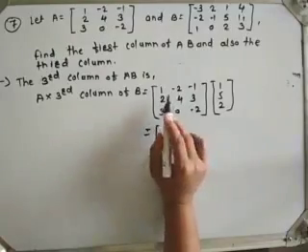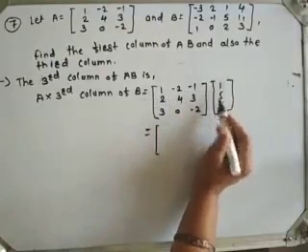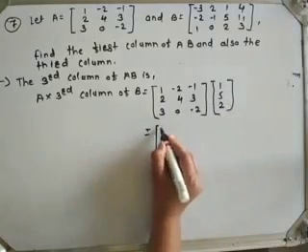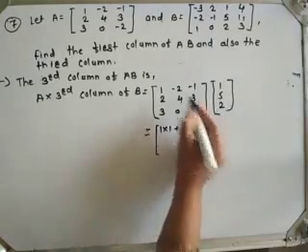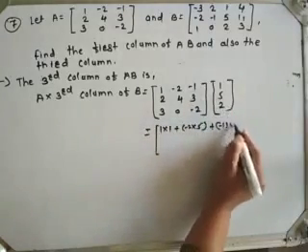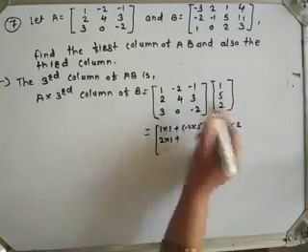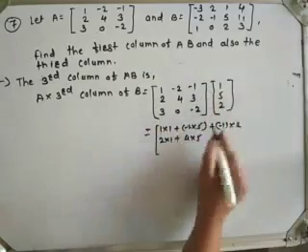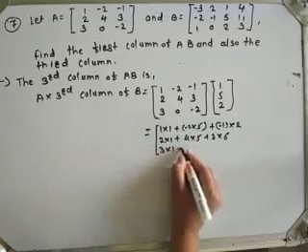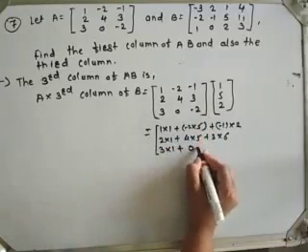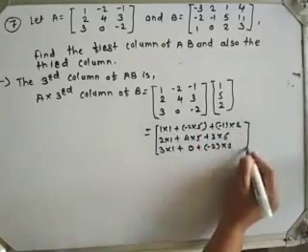For the first entry, multiply the first row of A into the third column of B. 1 into 1 plus -2 into 5 plus -1 into 2. Next entry is 2 into 1 plus 4 into 5 plus 3 into 2. And the last entry is 3 into 1 plus 0 into 5, 0, plus -2 into 2.